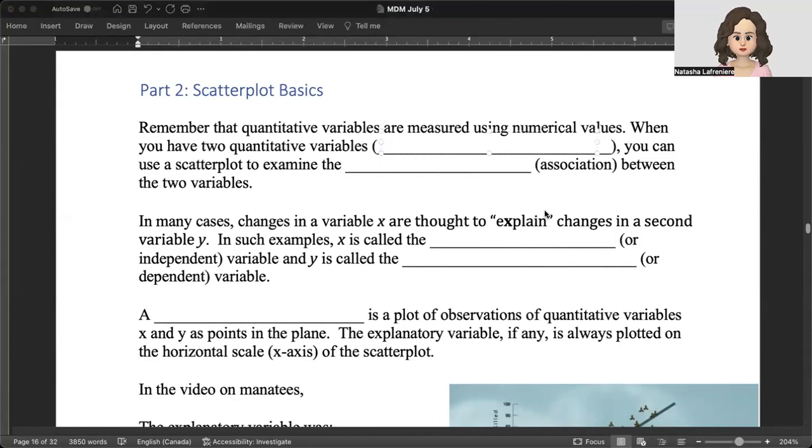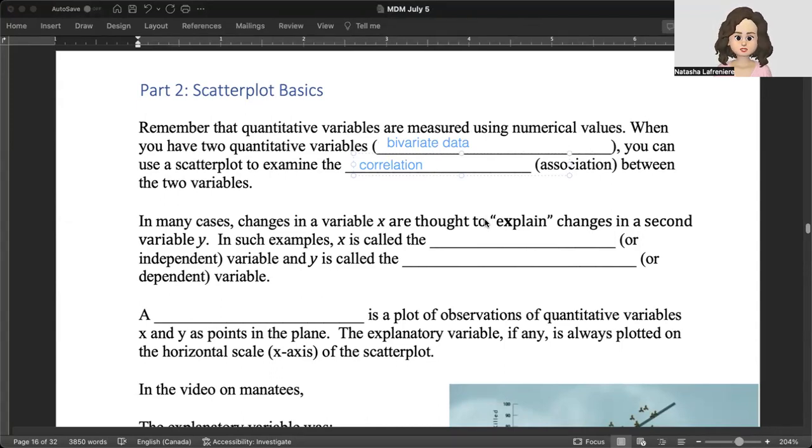When you have two quantitative variables, so bivariate data, you can use a scatter plot to examine the correlation, so the association between two variables.